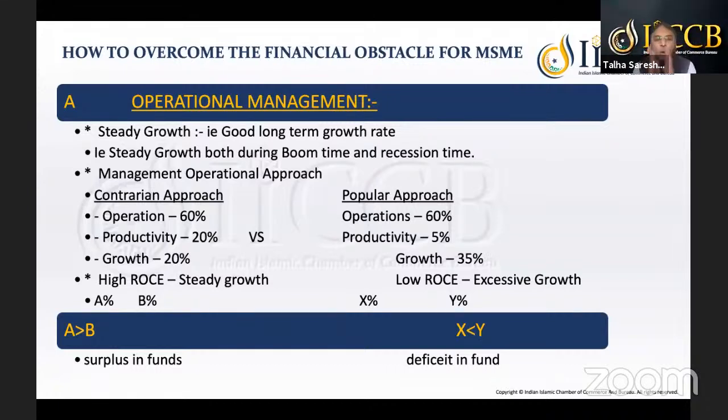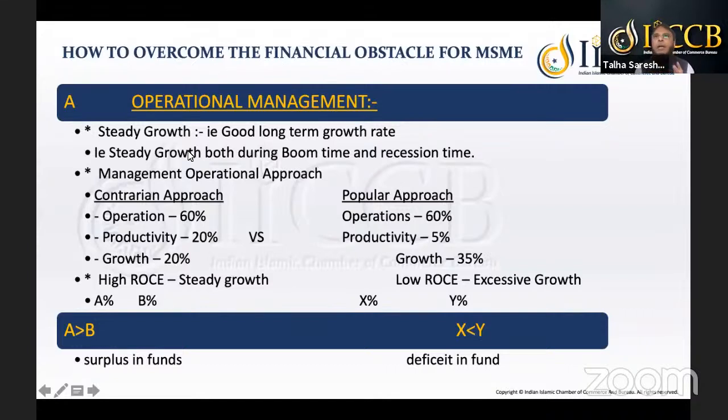See, in the popular approach, if you do not give productivity more emphasis, then as I said earlier, when you take opportunity and you go for unprecedented growth, you will go for borrowed capital. So your return on capital employed, we look at return on equity, but again, this is a mistake.